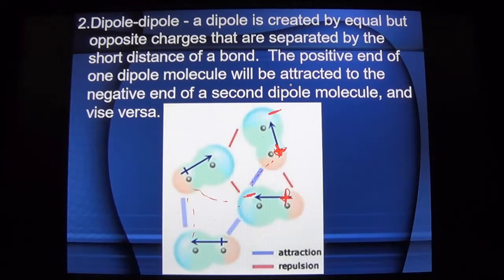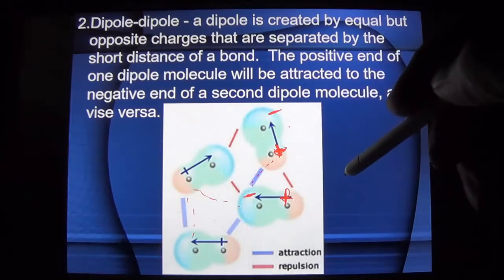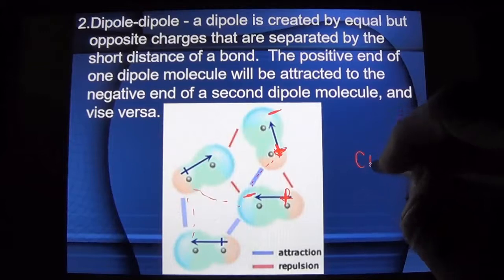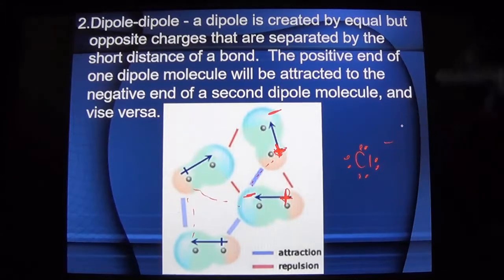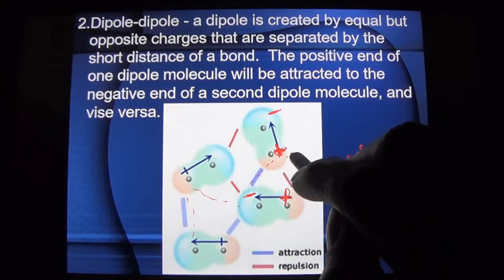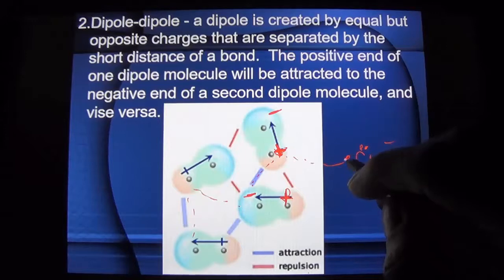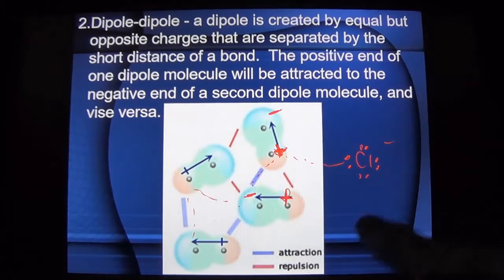Okay, it's also possible that the positive would be attracted to something negative, even, I don't know, a chloride ion. I don't know why a chloride ion would be just floating around in the middle of nowhere, but the positive and negative kind of part. Electrons are negative, so it would be attracted to that. So opposites attract. It's Coulomb's law still working out.